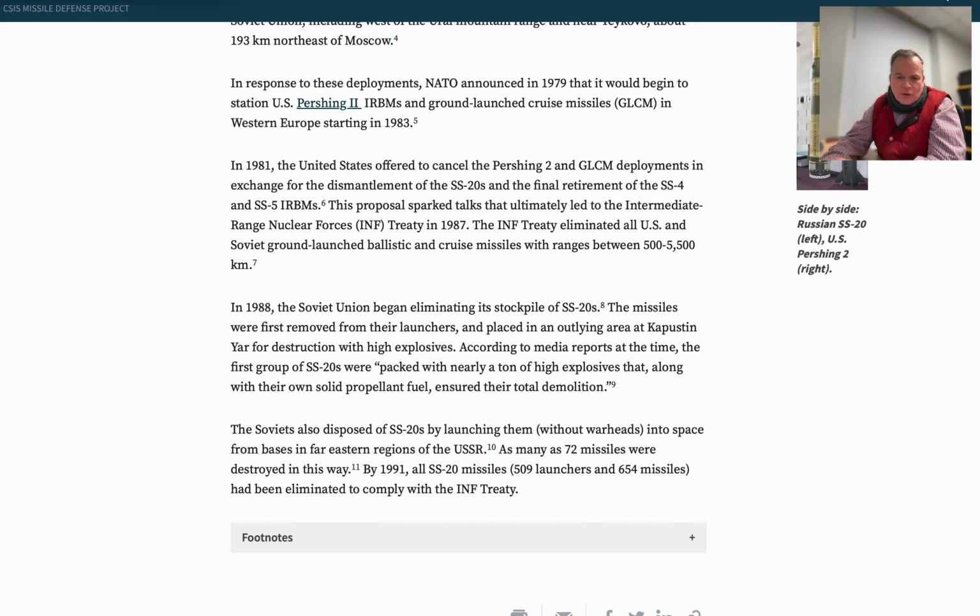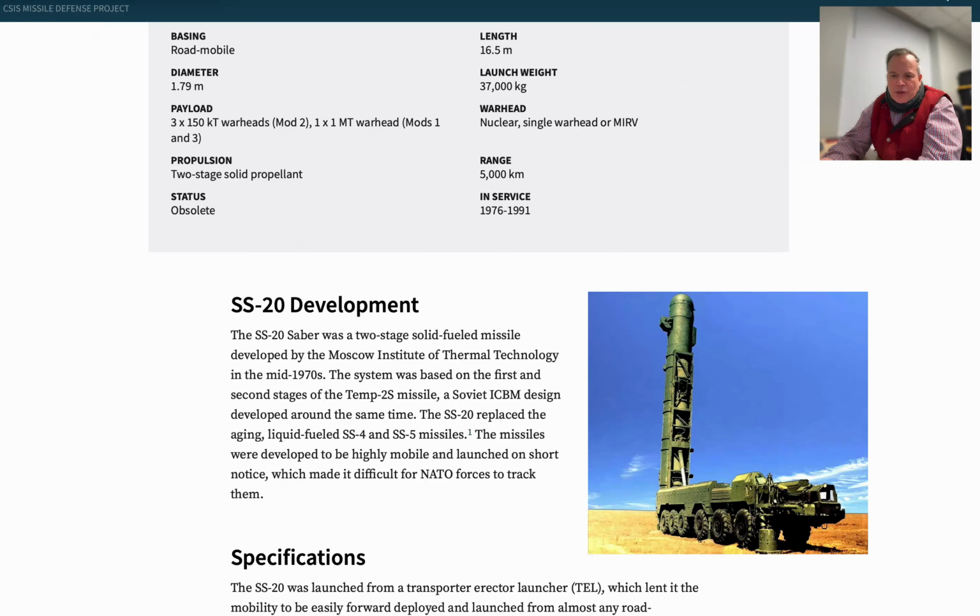Okay, in 88, right before the fall of the Soviet Union, they got rid of all their SS-20s. Well, the Oreshnik is seen as the first stage of the SS-20.